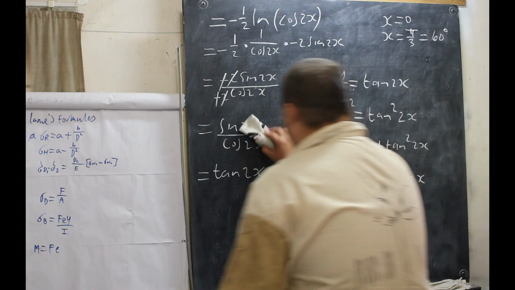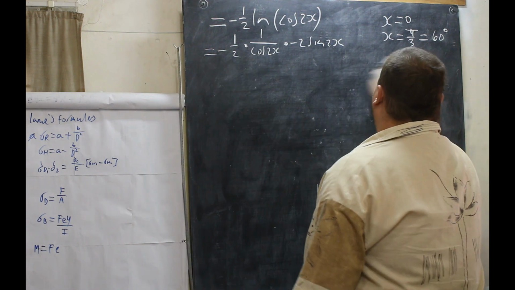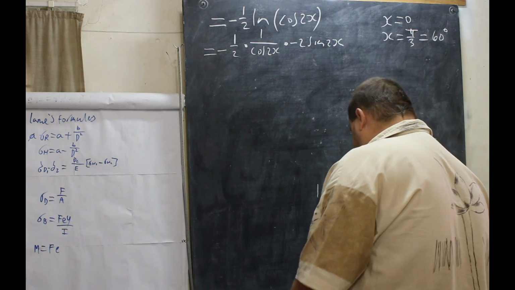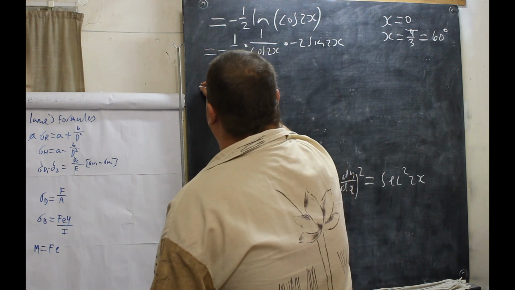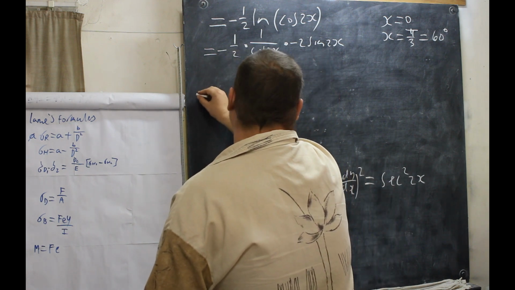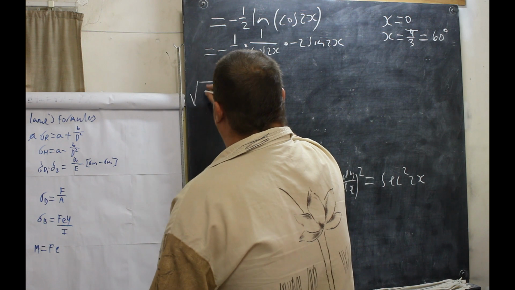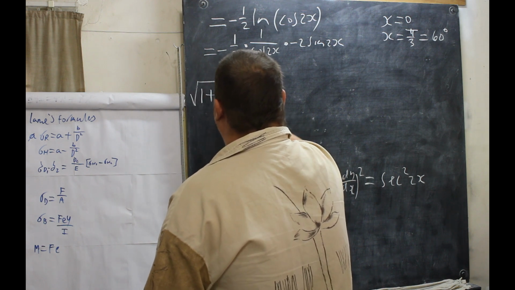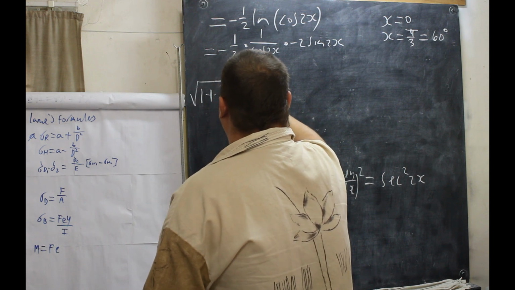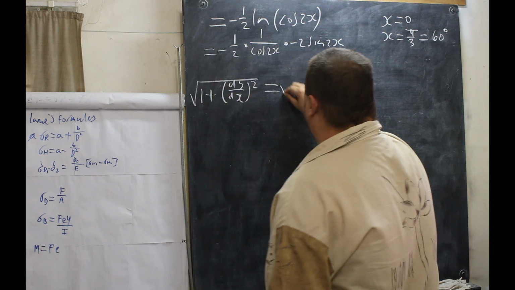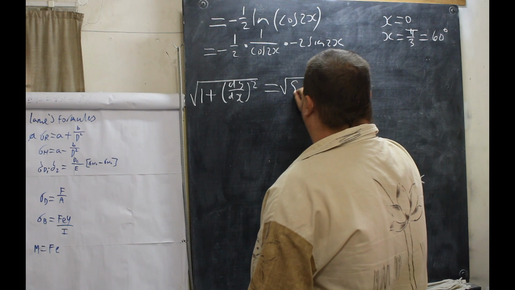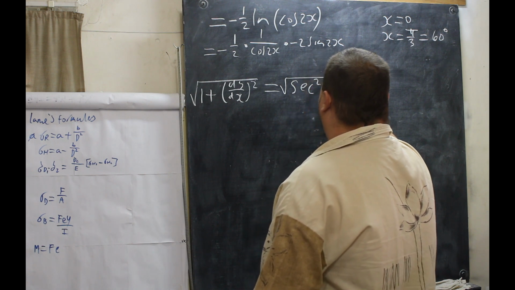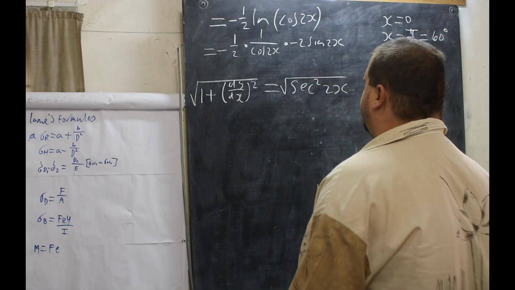So what we're going to do now is integrate. So now the root of 1 plus dy over dx squared equals the root of sec squared 2x.